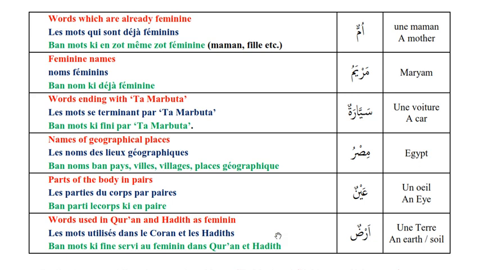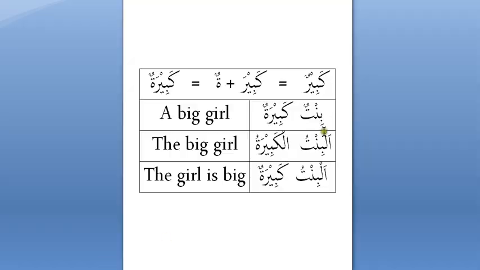and Hadith as feminine. And as we have seen, if the word is feminine, the attribute must be feminine. If the word is feminine, the qualification must be feminine. As we have seen, baytun is feminine, bintun is feminine, kabiratun must be feminine. Al-bintu, the girl, al-kabiratu, al-bintu kabiratun. So it is very simple.